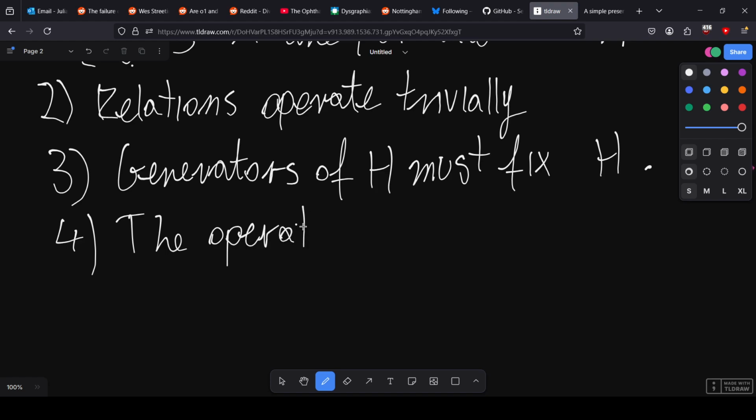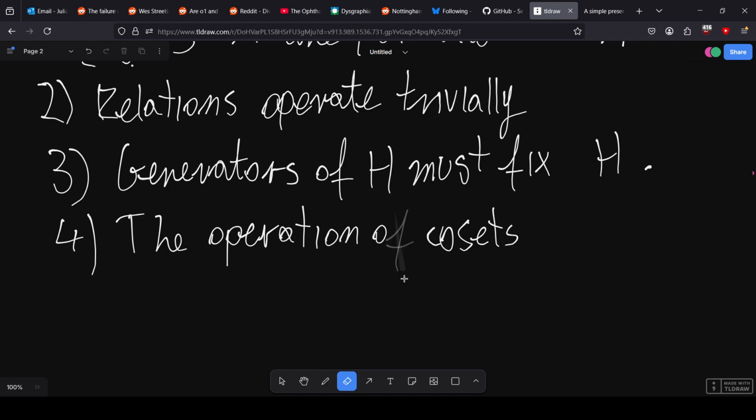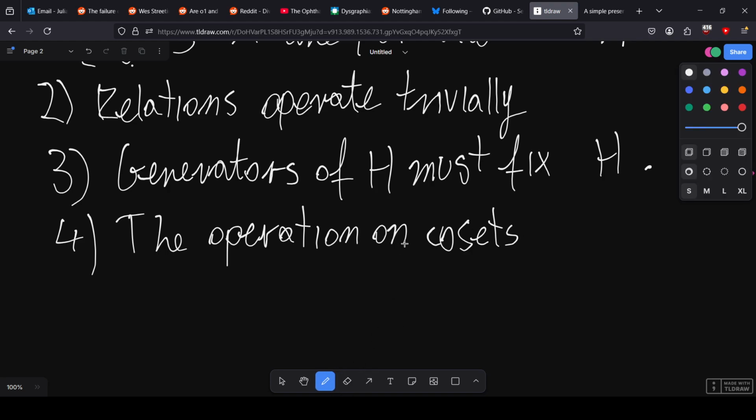And in addition, the last part, which is not as important as the rest, but does appear implicitly a lot: their operation on cosets is transitive, meaning the orbit of every element is the entire set of cosets.